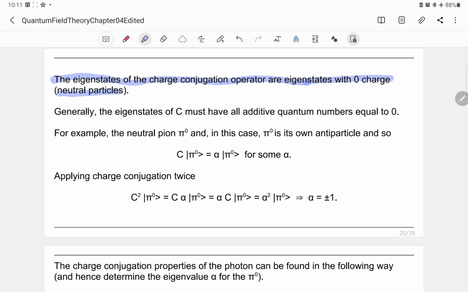In this particular case, you have a pion. The neutral pion, I mean, because you have three pions, pi plus, pi minus, and pi zero. If you apply the charge conjugation operation to the pion, it gives you the same particle because it's an antiparticle of itself. And so in this particular case, your alpha is equal to positive or negative 1.